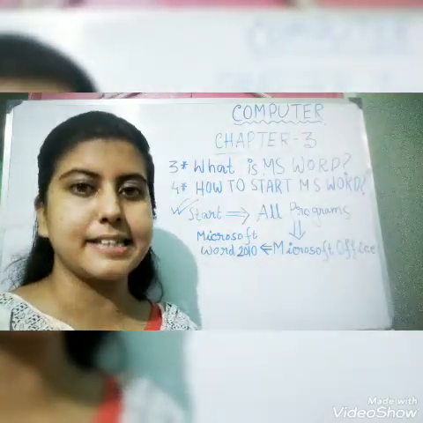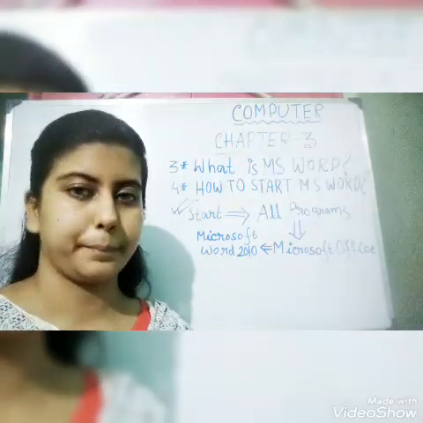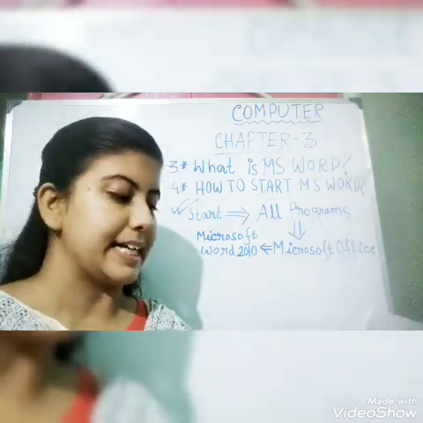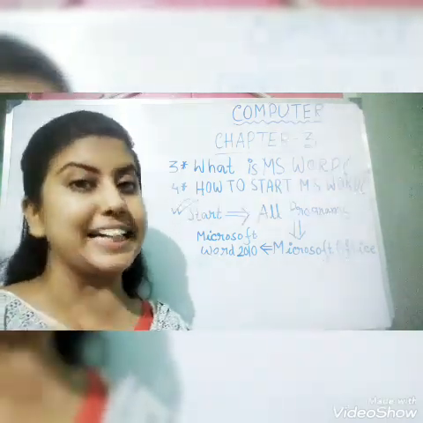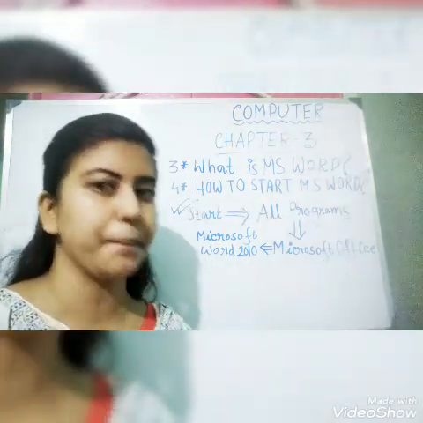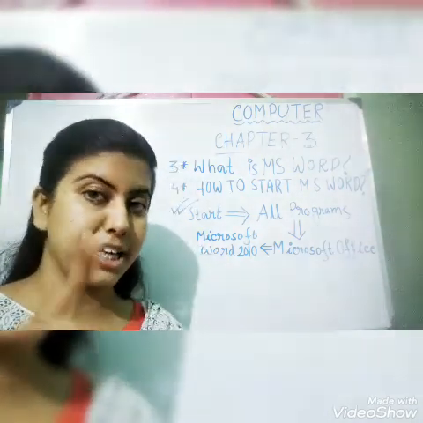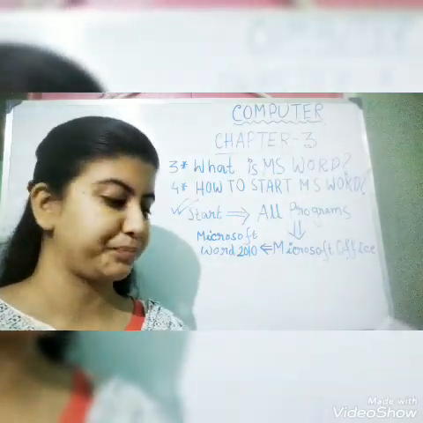You can find the Start button on the desktop. Step 2. Click on All Programs. When you will click on the Start button, a list will appear and you will click on All Programs.